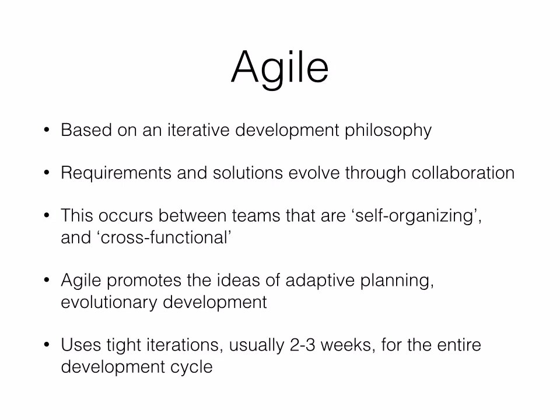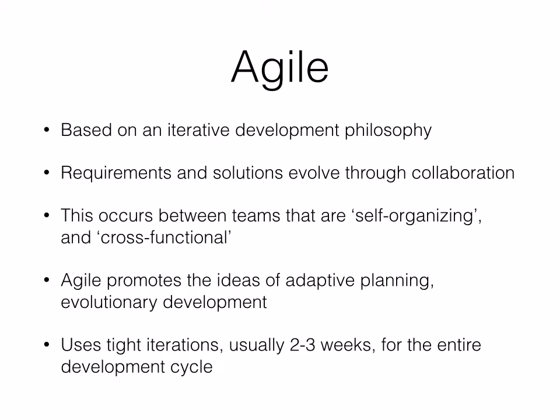So let's look at this thing called Agile. It's based on an iterative development philosophy, which we've talked about, with tight development cycles as opposed to very discrete steps, like we had in the waterfall development process. And it's also based on requirements and solutions evolving through collaboration. This occurs between teams that are what we refer to as self-organizing and cross-functional.